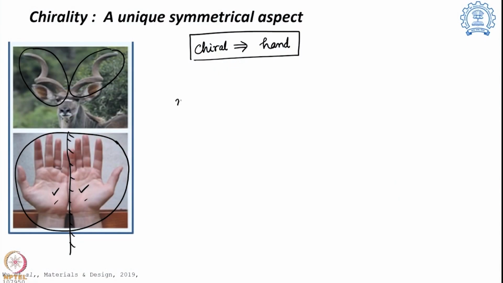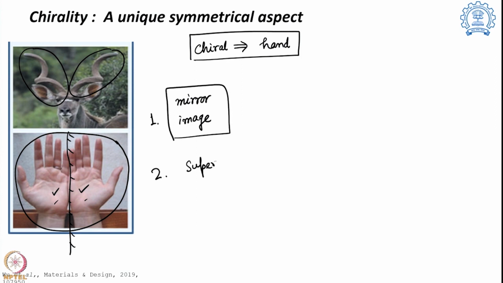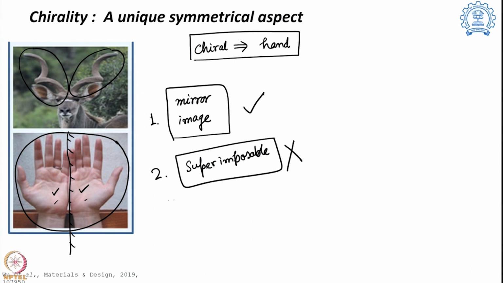So, chirality means mirror image of each other, but that is the first factor, and the second factor is they are not superimposable. They are mirror image but not superimposable, and if the two criteria are maintained, you can say I have a chiral system.